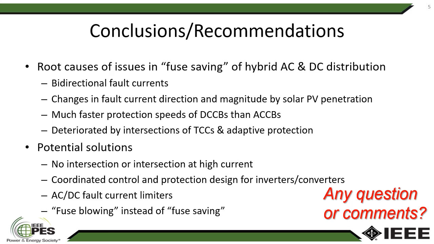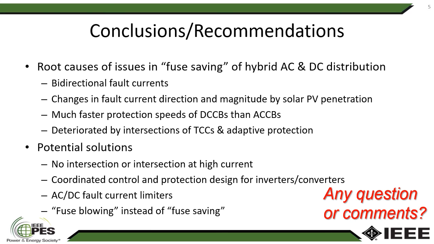The third one is that DC circuit breakers normally have much faster protection speed than AC circuit breakers, which causes coordination issues between AC and DC. The last one is that if there are intersections of time current curves or adaptive protection is adopted, then protection issues like mistripping and sympathetic tripping could be worsened by these two things.